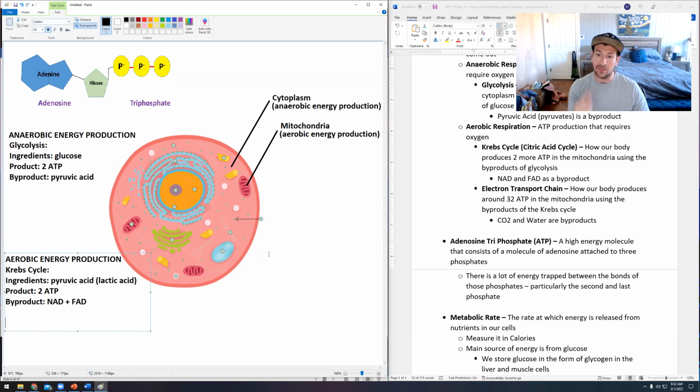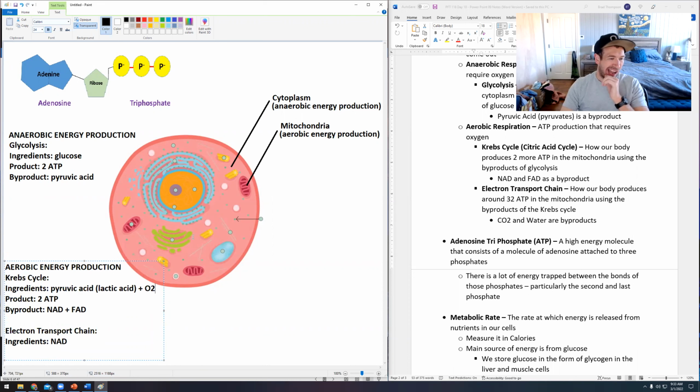This is still happening in the mitochondria, but this is where we are going to do what's called the electron transport chain. And now we've got ingredients here, which are going to be NAD. Oh, shoot. I also forgot about the ingredients. Sorry. Pyruvic acid and oxygen. It does take a lot of oxygen in order to get this to happen as well.